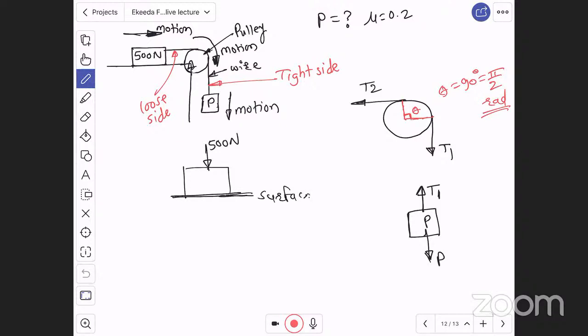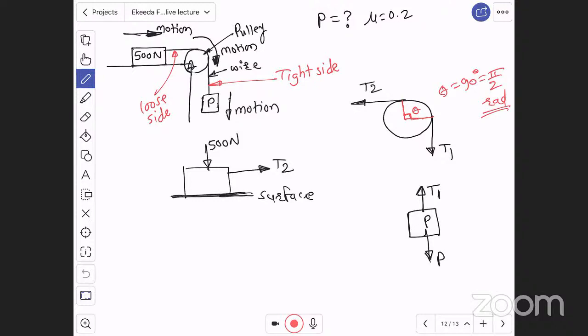This block is connected with the loose side. Therefore, there will be a tension equal to T2, and we always show tension away from the body. It is always away from the free body diagram, right?